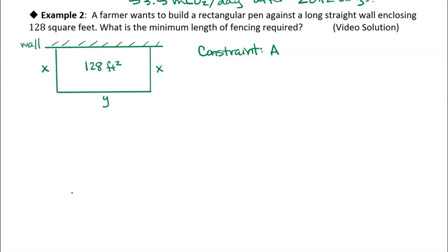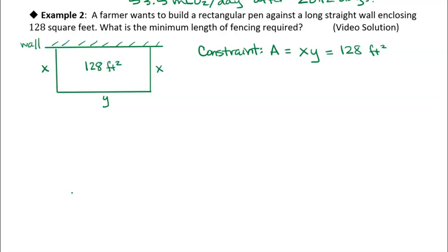Now, given the variables that I've assigned, the area is just length times width. So x times y is our area. And I'm going to set that equal to 128 square feet. So that's my constraint equation.